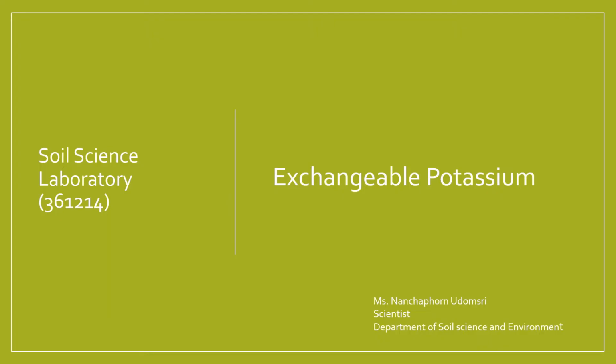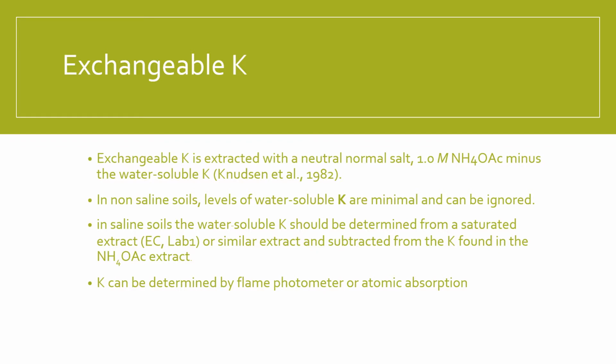Now we're going to the last part of soil chemistry laboratory, which is exchangeable potassium. The exchangeable potassium is some potassium which is free to exchange with the cation in the soil solution. The amount of potassium exchanged from the soil depends on the nature of the replacing solution.